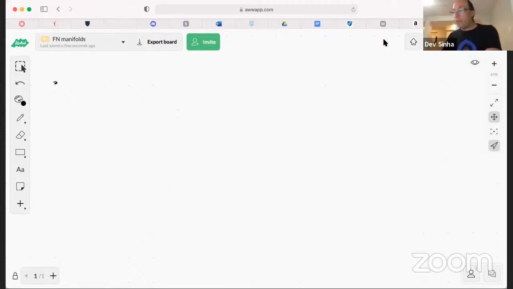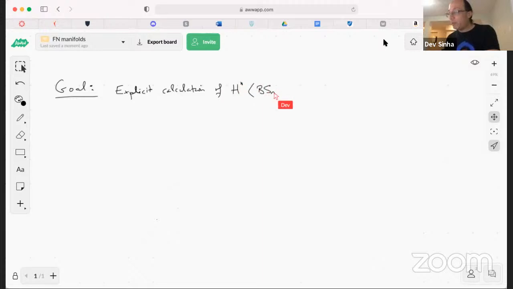Yeah, so let me just say what the goal is. So the goal for this project is to get as explicit a description of cohomology of symmetric groups with constant but integer coefficients.